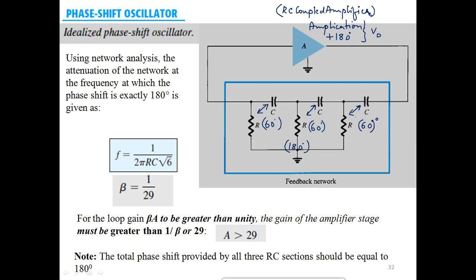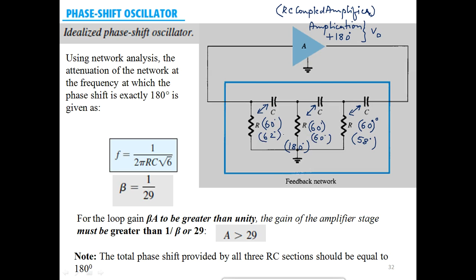So what matters is that collectively, the first one may provide a phase shift of 58 degrees, for example, the second one may provide a further 60 degrees, and then the third one will be providing 62 degrees.